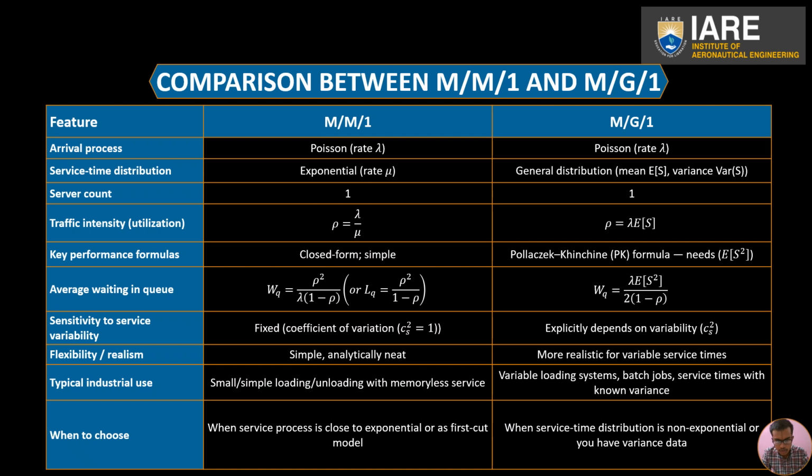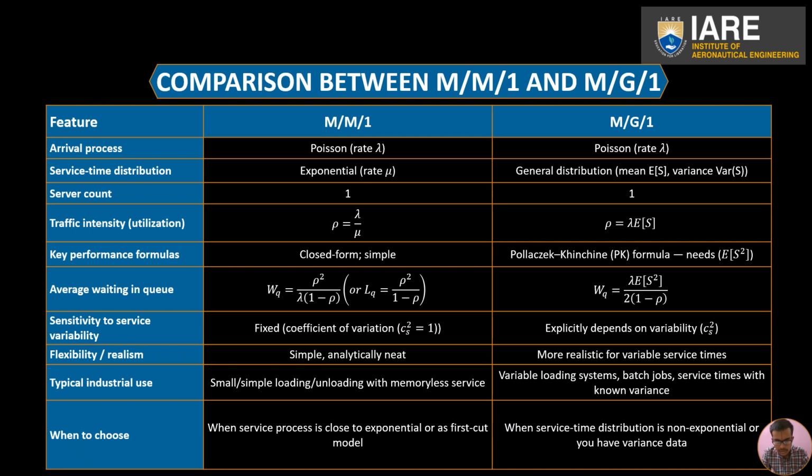Key performance formulae: for MM1, it is closed form, simple. For MG1, it is the Pollaczek-Khinchin (PK) formula, and it needs E of S square. Average waiting time in queue, that is WQ.